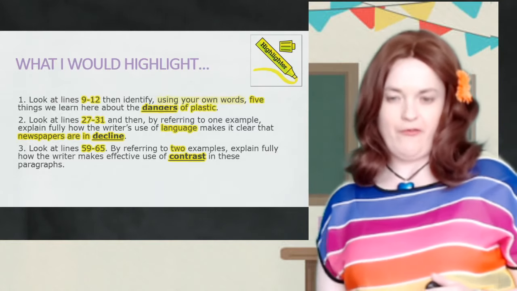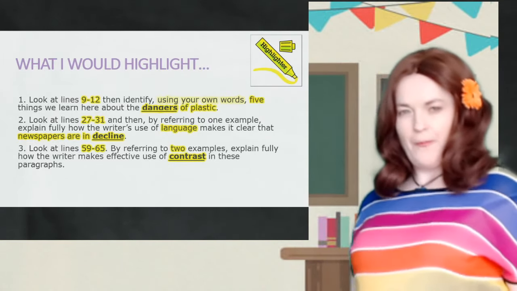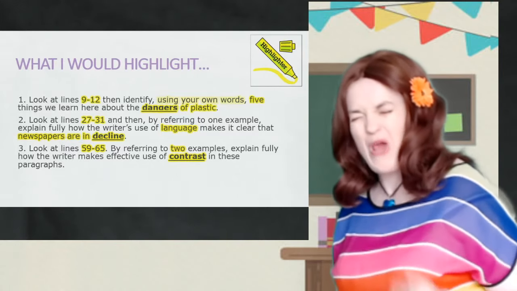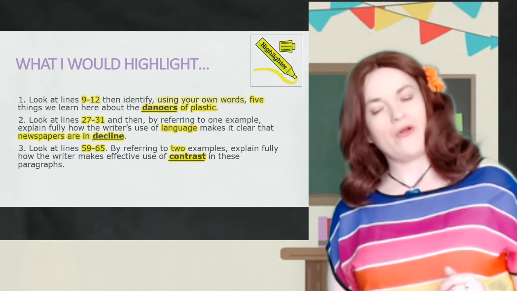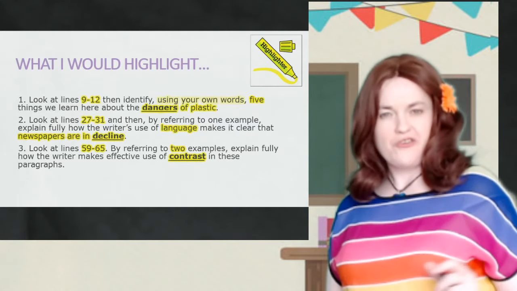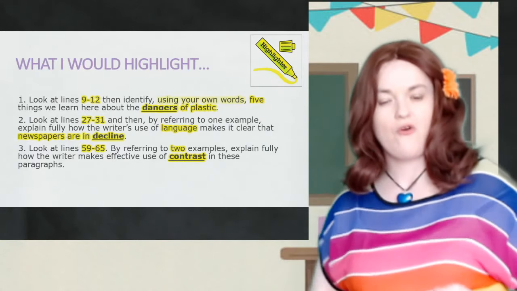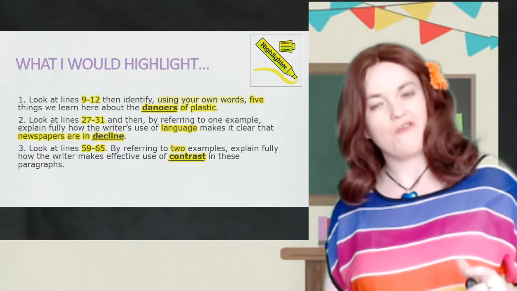The number 5, 5 things. That should automatically mean that you jump to your paper and make 5 bullet points. And then, dangers of plastic. That is what I am being asked to look for. Five dangers of plastic.